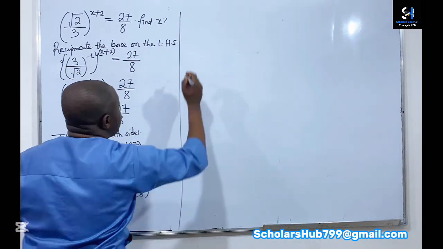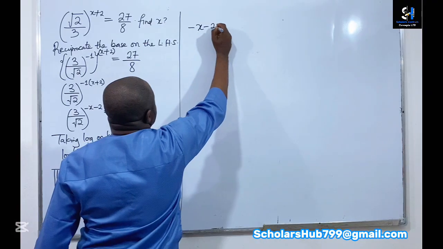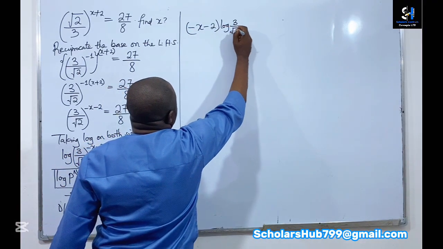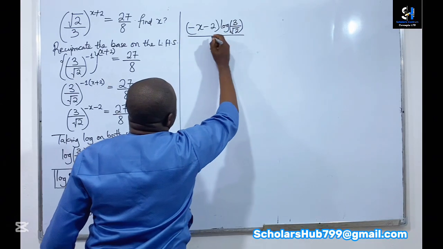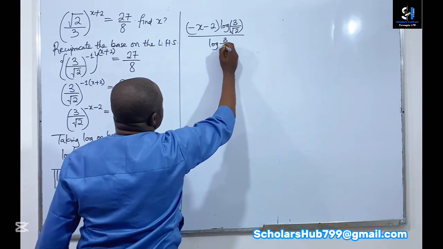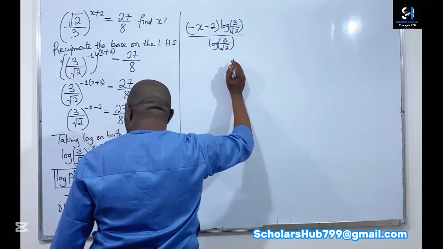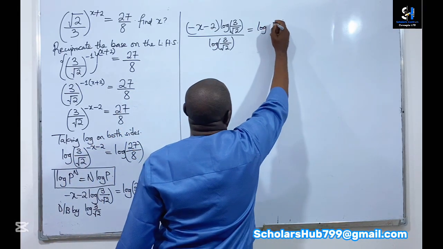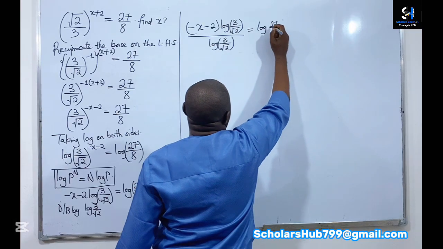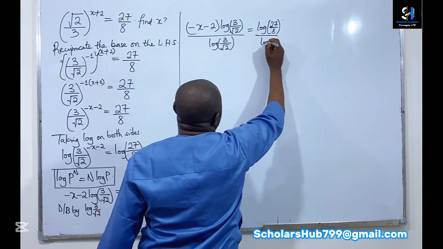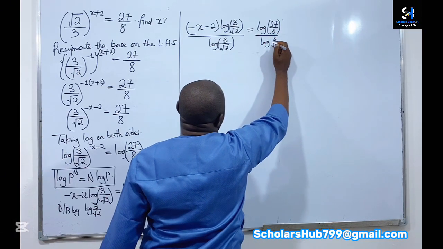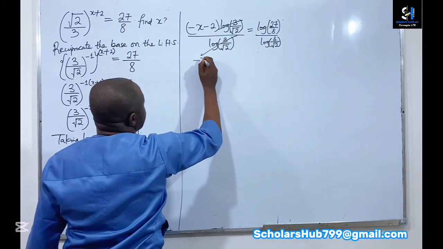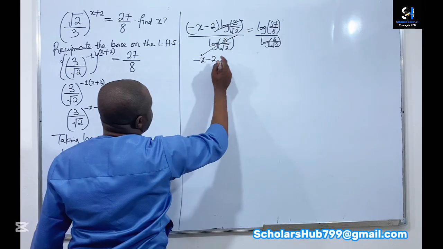So we have (-x-2) log(3/√2) divided by log(3/√2), equals log(27/8) divided by log(3/√2). This cancels on the left, leaving negative x minus 2.